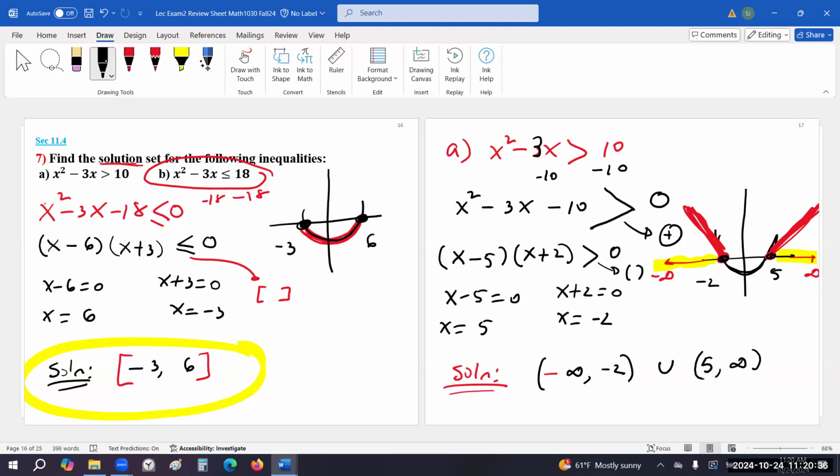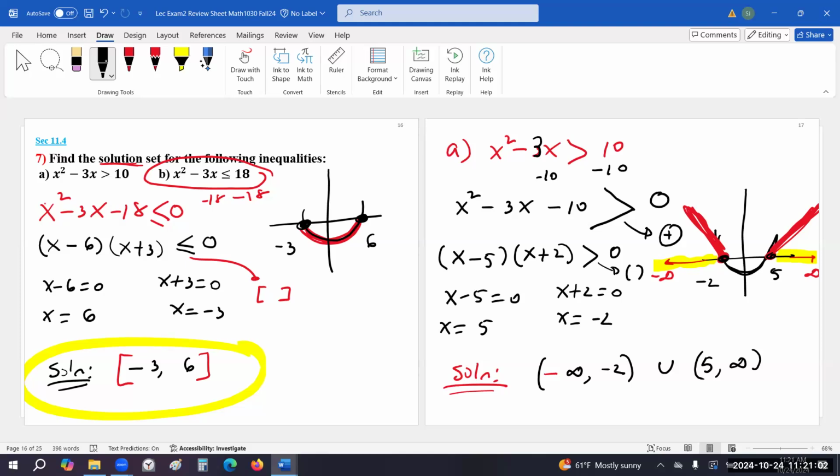So anytime we are looking at above, it means two portions, negative infinity to positive infinity. And below means one portion if the upward parabola. But if the parabola is upside down parabola, then the scenario is the other way around. So you look at upside, but our solution is x because we solved for x.